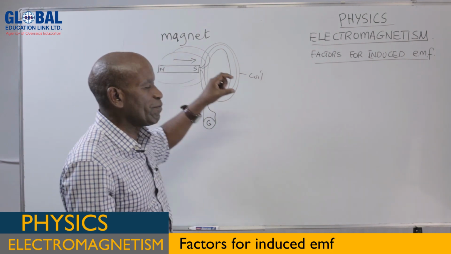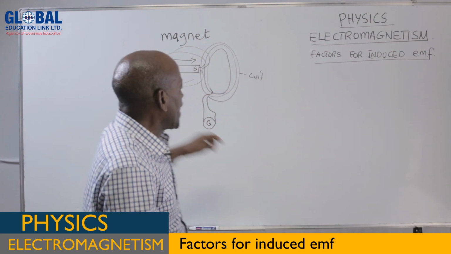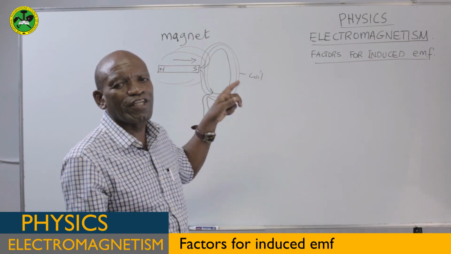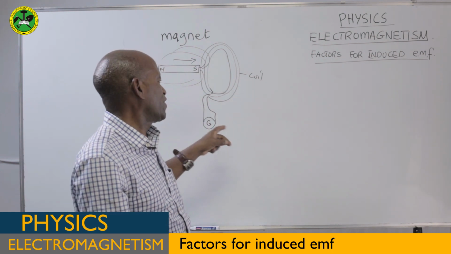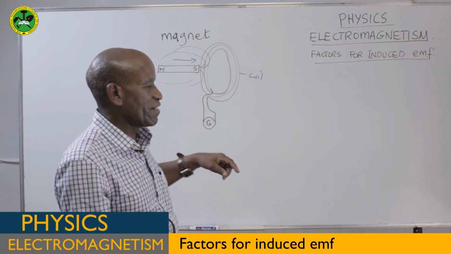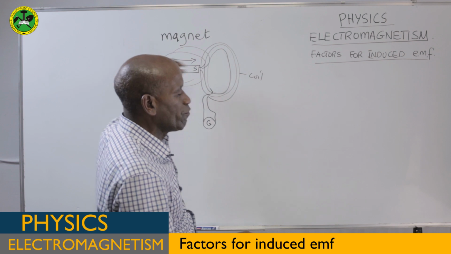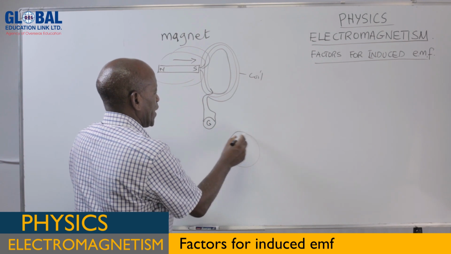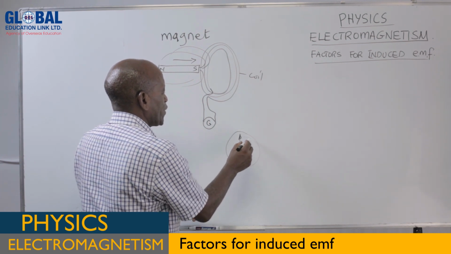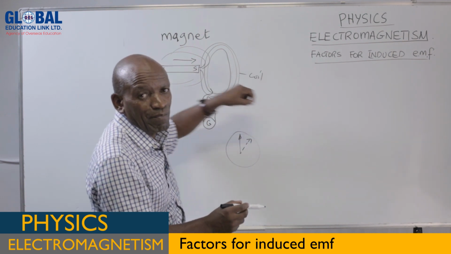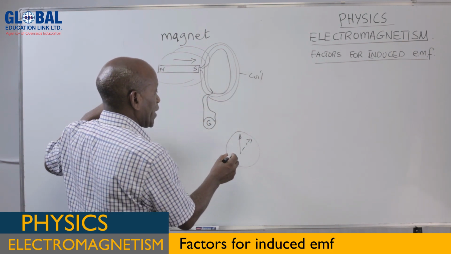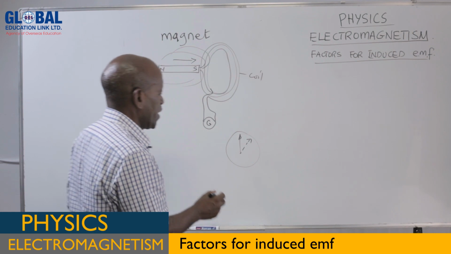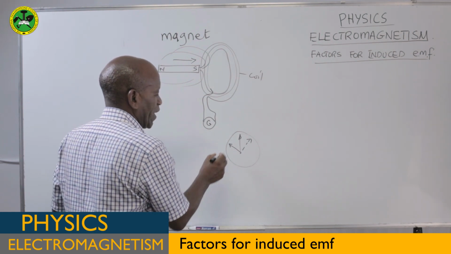Now, that induced EMF will be flowing in the coil. The direction of the motion of the magnet will dictate the direction of the induced EMF, with a small current flowing in that circuit. If the bar magnet is moved towards the coil and the galvanometer shows that the current is flowing in one direction, then whenever you recede the bar magnet away from the coil, the current will take the opposite course, flowing in the opposite direction, and the galvanometer will deflect in the other direction.